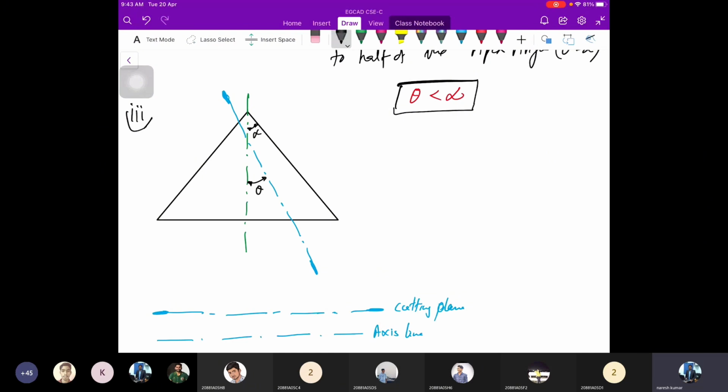Don't confuse: half means here we are considering only alpha; apex angle means 2 alpha. That's why I'm calling it half of the apex angle. So the cross section we are getting is something like this, and this cross section is called a hyperbola.